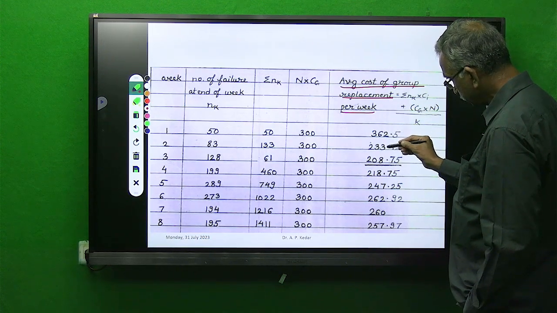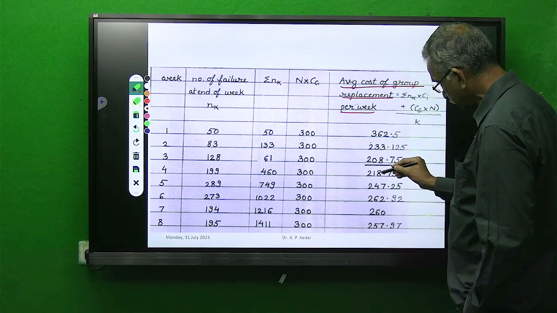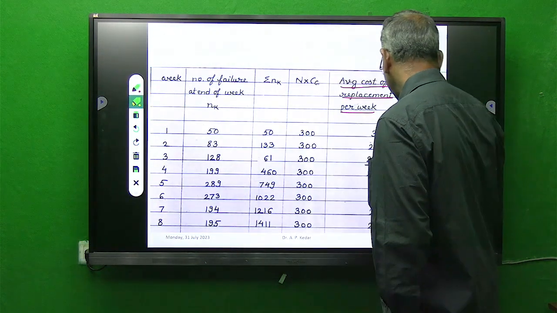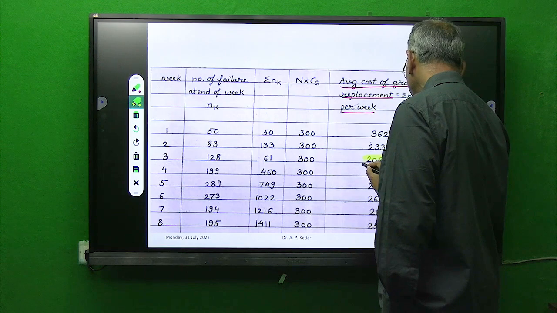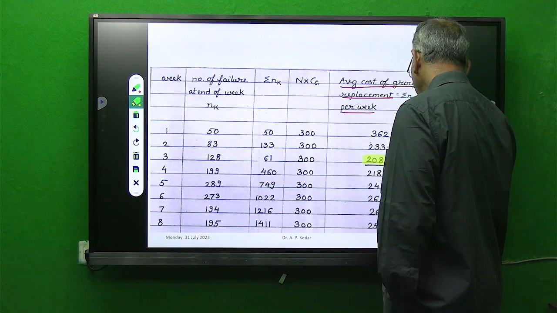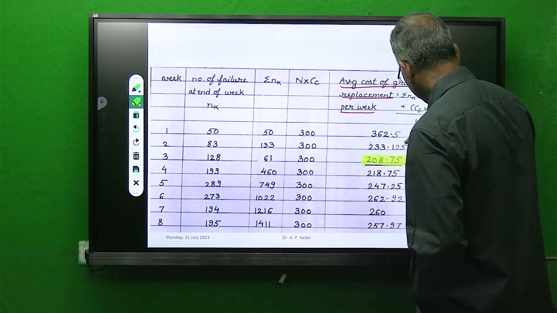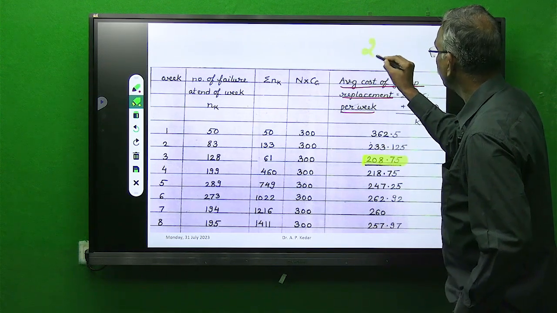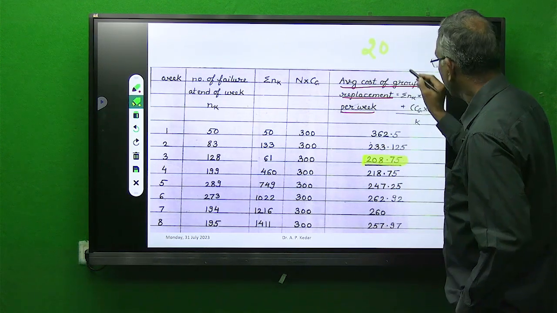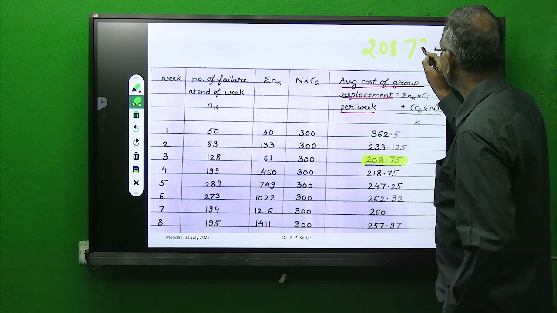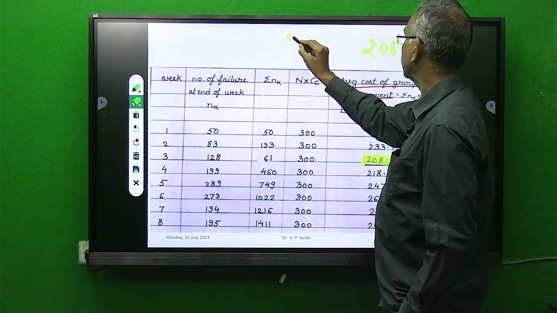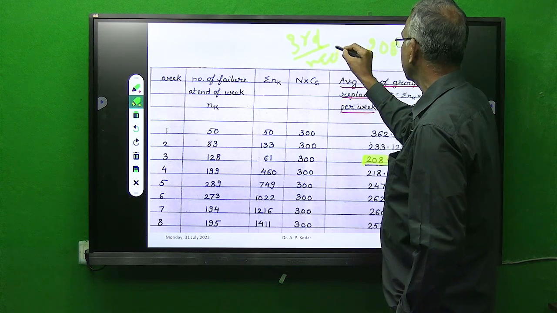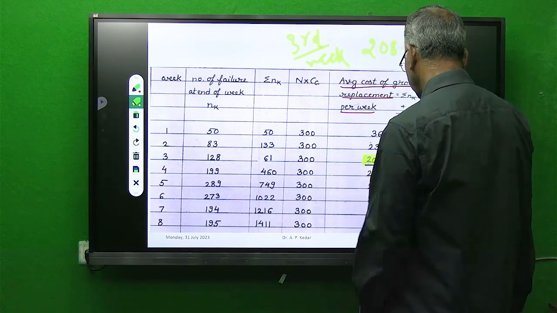So this is decreasing, decreasing, decreasing, then increasing immediately. Your focus should be on the value of 208.75, and the time period is the third week. Right now we will keep this figure in mind, third week, 208.